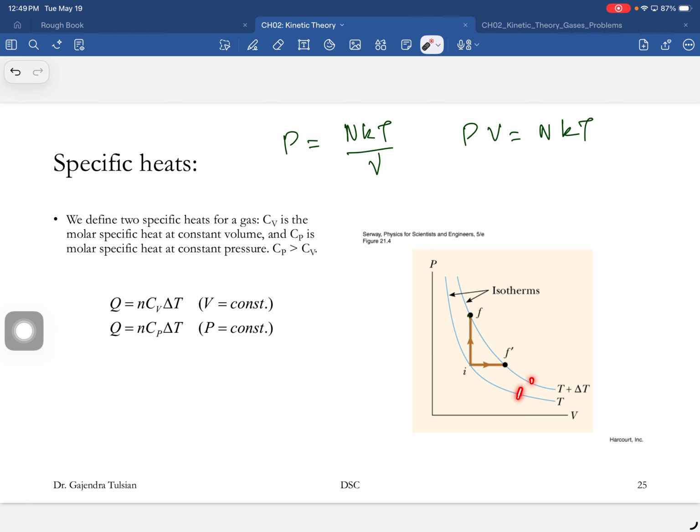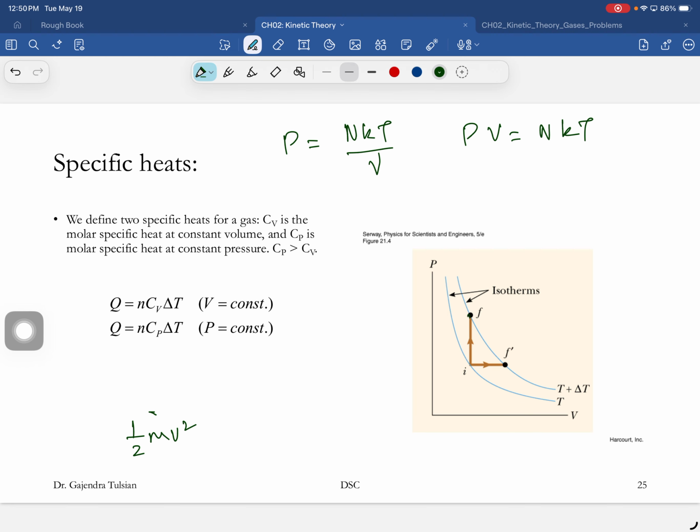And N, the number of gas molecules, is equal to the number of moles you have times Avogadro's number. And Avogadro's number times k is R. So this is equal to F by 2 n times RT.